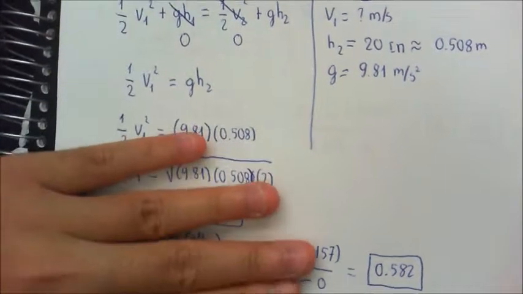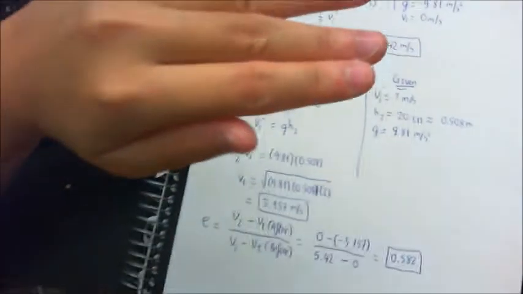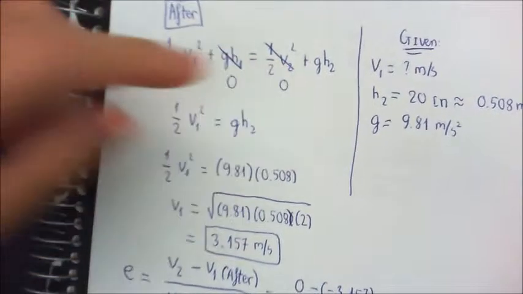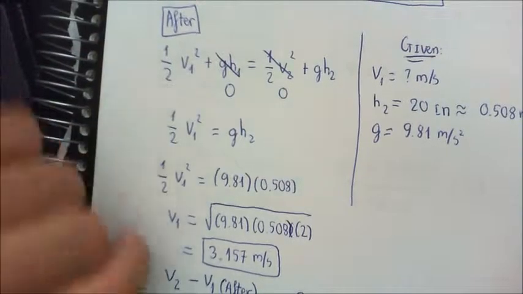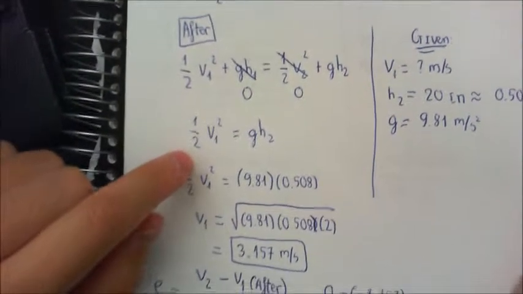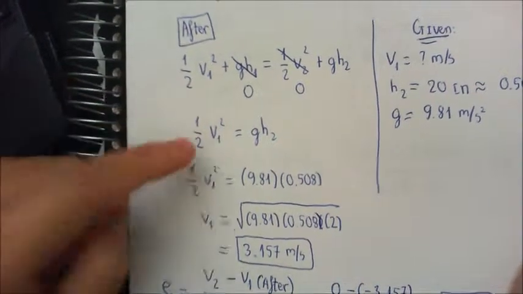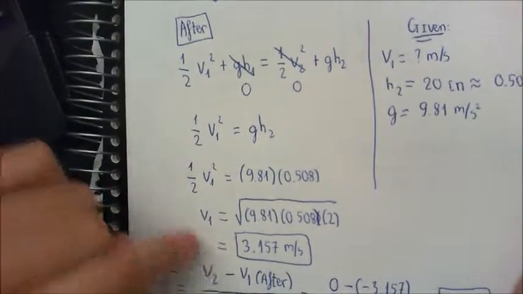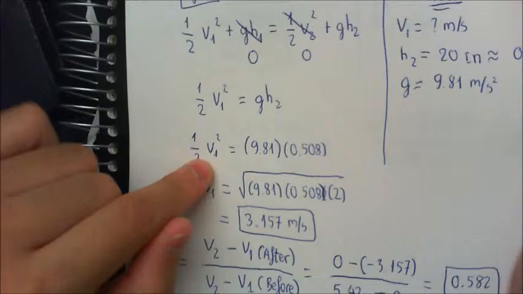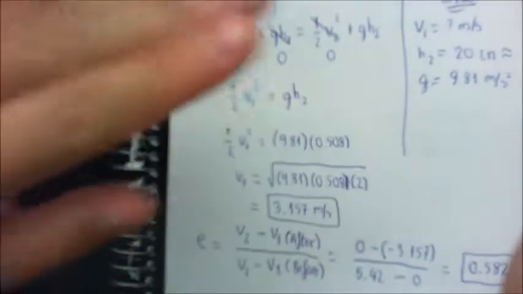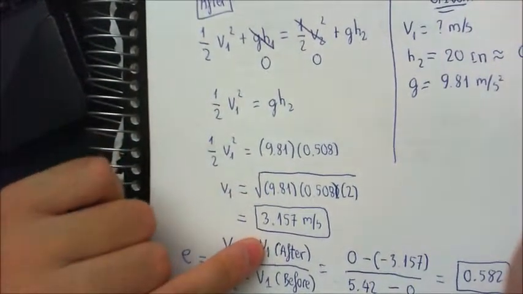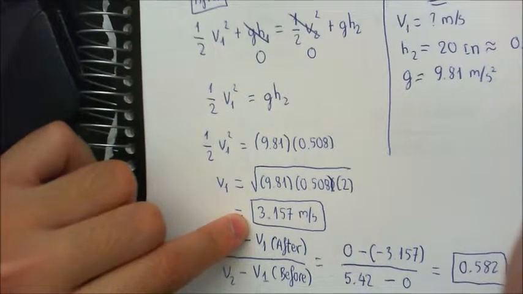And when it has moved up to the maximum height, the ball stops moving, and therefore the velocity equals 0 as well. After I cancel those out, I just plug into the equation. As you can see, the velocity when it's moving from here to the maximum height we don't know yet, so we have to find it by plugging into the equation. And there I got the result.